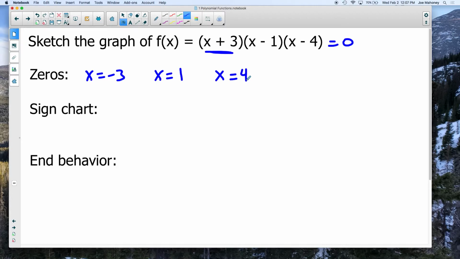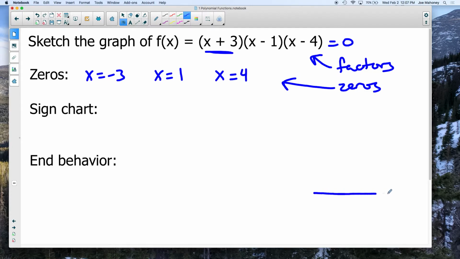A key thing here to notice is the relationship between the factors. These are the factors, and then the zeros or the roots. Notice that relationship between the factors and their zeros. This is where the graph is crossing the x-axis.